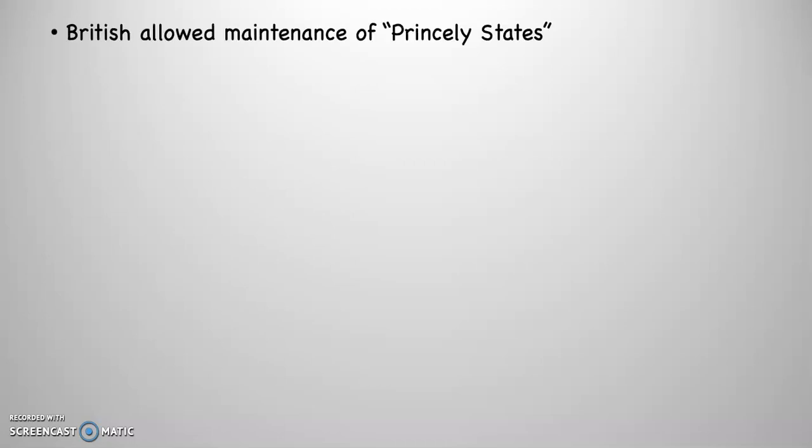When the British were in charge of South Asia, they allowed the maintenance of what were known as princely states. These were like mini kingdoms. They took a page from the Romans. If you recall how the Romans handled their empire, once they conquered somebody, in a lot of cases they would allow the indigenous kingdom to maintain itself. As long as they were giving allegiance to the Romans, they were fine.